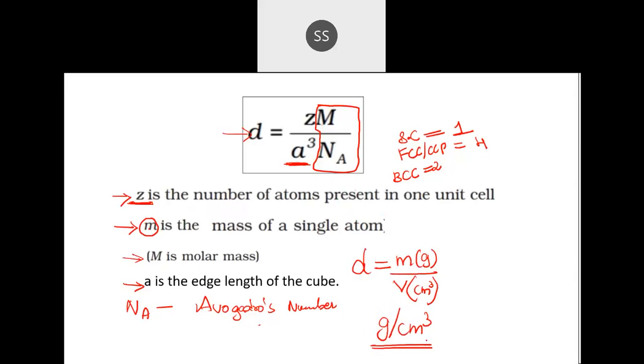So if they give you some other dimension, you should convert that edge length to centimeter, and mass always should be in gram. Remember that. Your final density unit should be gram per centimeter cube. So if some other dimensions are given, you need to convert those dimensions to centimeter. In case of edge length, convert that into centimeter. And in case of mass, convert it into grams.